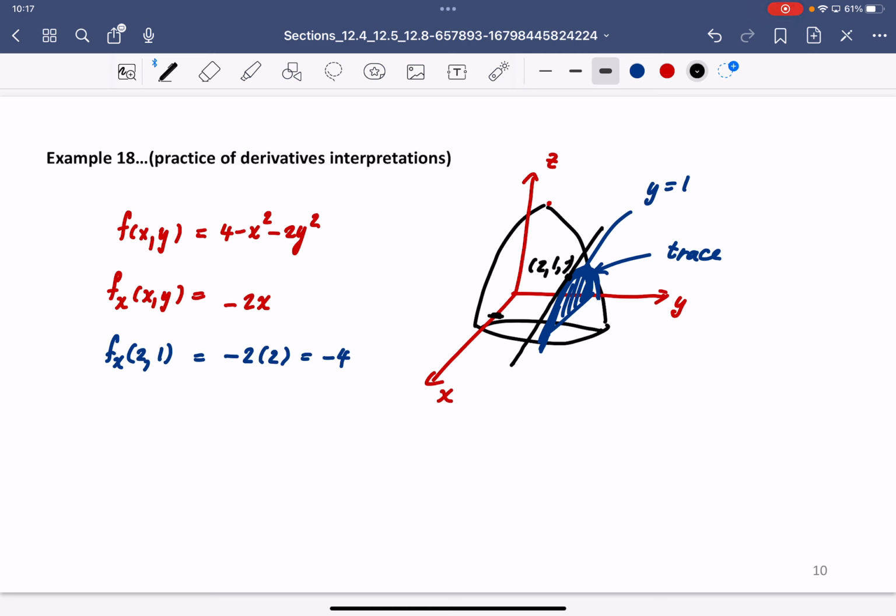Because when you plug in 2 and 1 here, you're gonna get the value of f here.